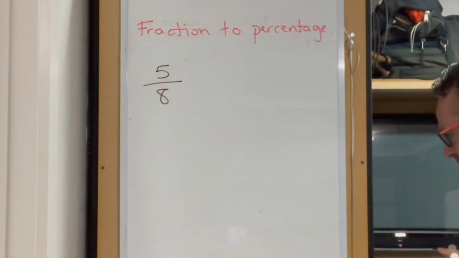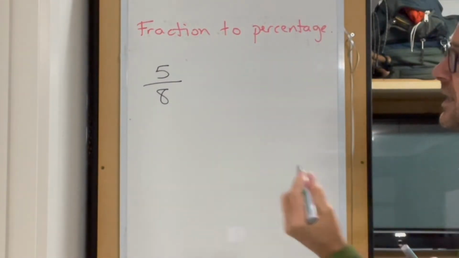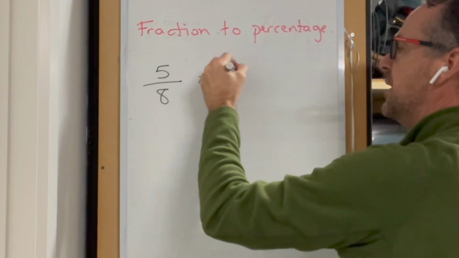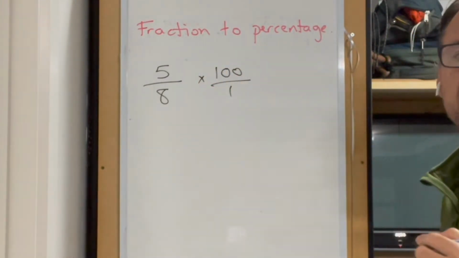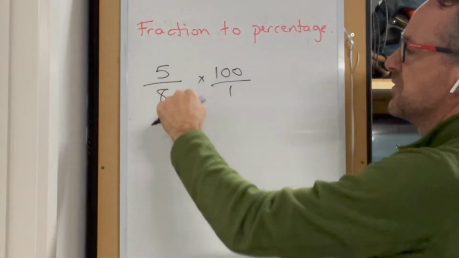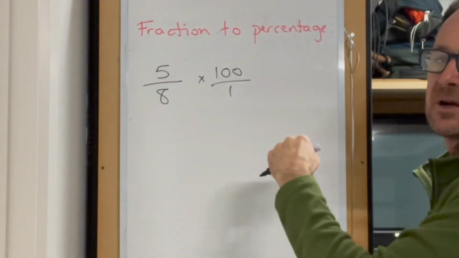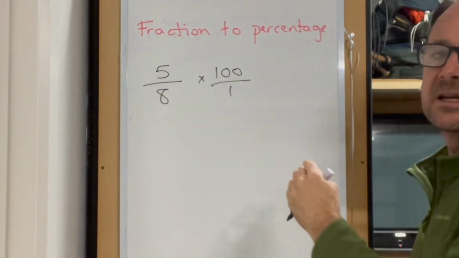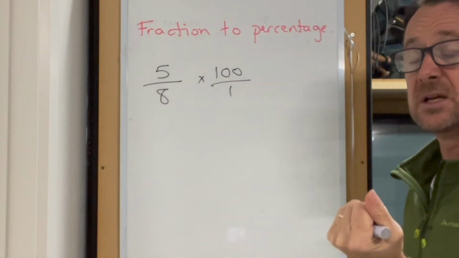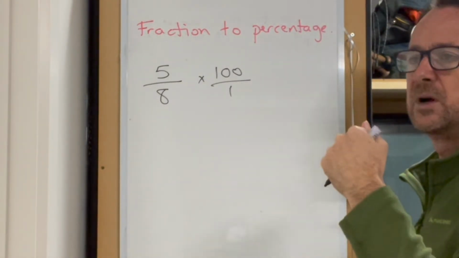Okay, so let's have a look now at 5 over 8. Again, we just want to multiply this by 100 over 1. The interesting thing here is that 5 over 8 is not easily adaptable to something over 100, so we're most likely going to end up with either a fractional answer or a decimal answer.